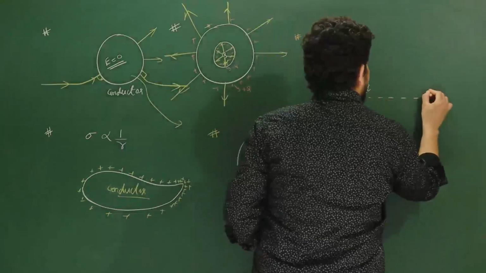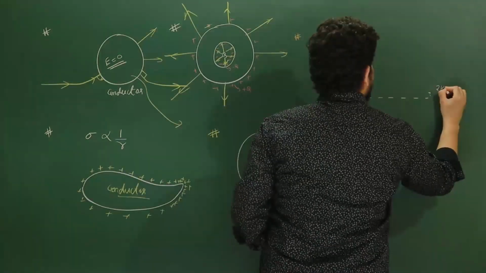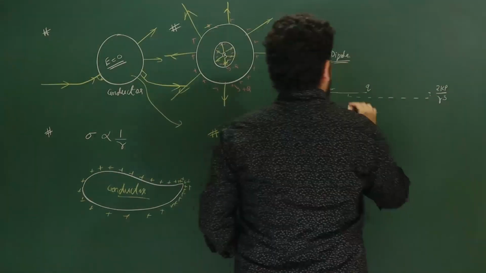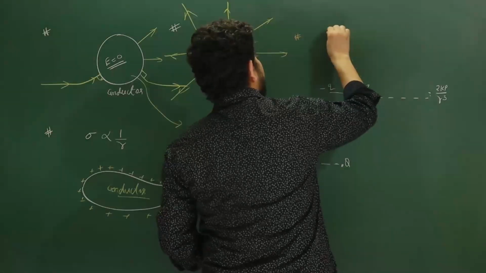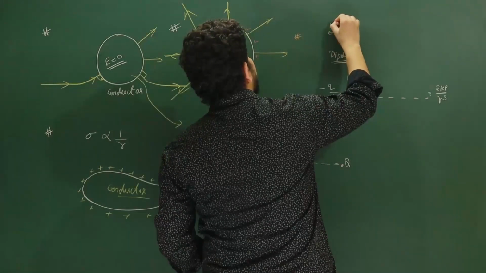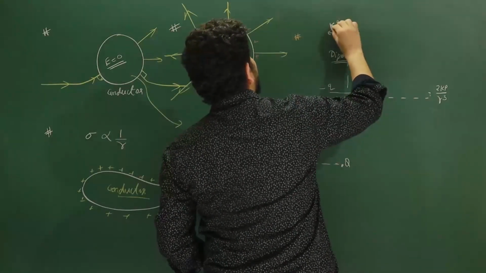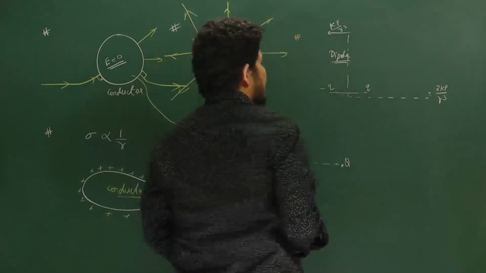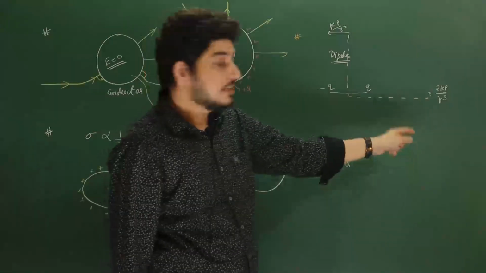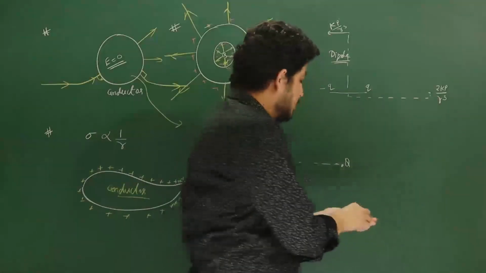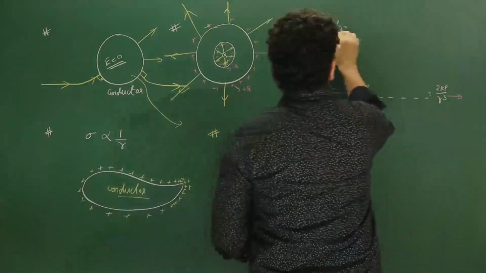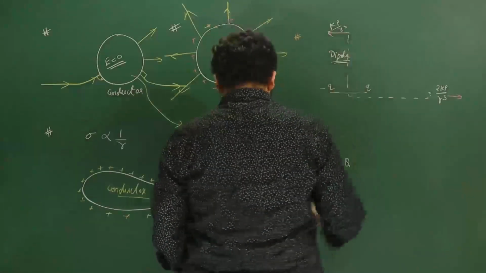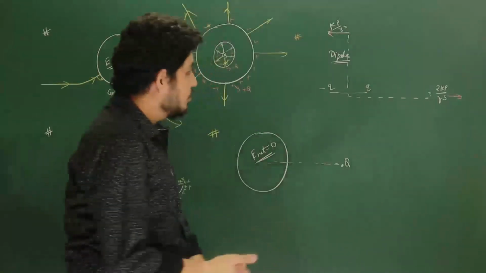The electric field at the axial point will be equal to 2kp by r cube, and the electric field at the perpendicular bisector will be equal to kp by r cube. You should remember both. It will be very useful for you.